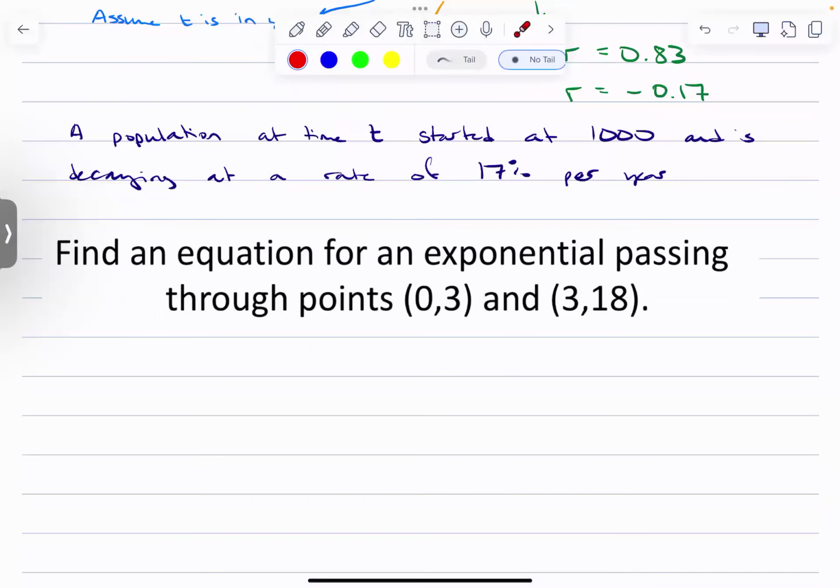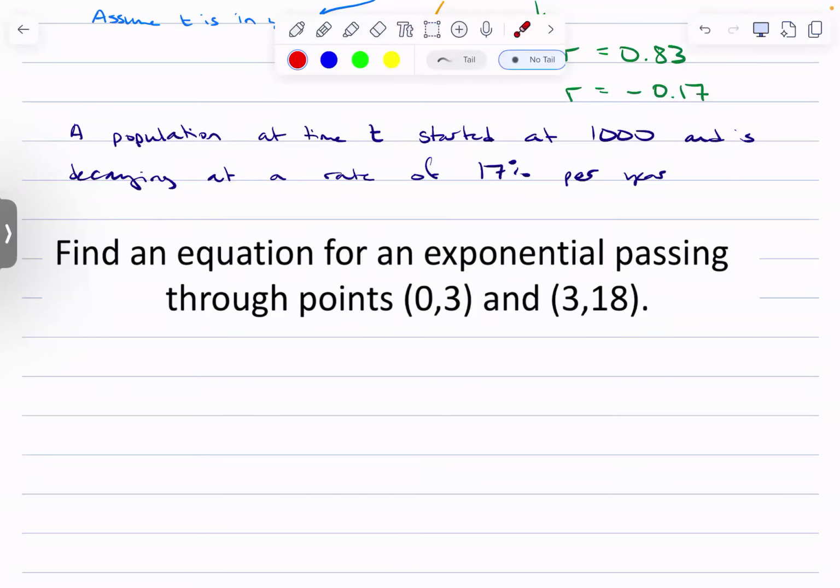What if we have to find an equation for these things? So find an equation for an exponential passing through the points 0, 3, and 3, 18. We know how to find equations of lines passing through 2 points. What did you have to do first? You had to find the slope, and then we used one of those points, right, to find the intercept. And that's how we constructed our lines. And we're going to do a similar thing for exponential functions, right?